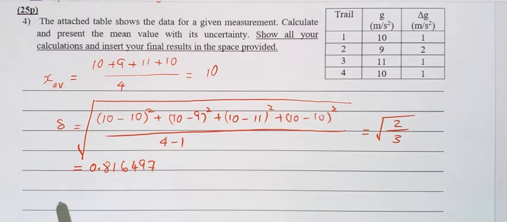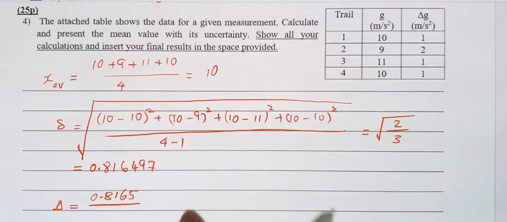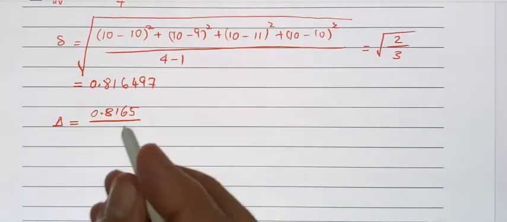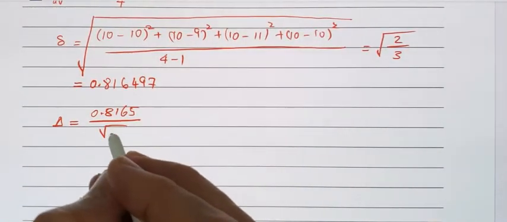And then I calculate the error, which is 0.8165, let's say, divided by the square root of 3.